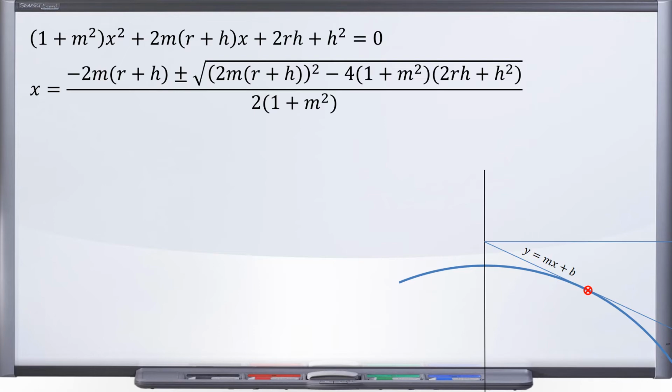What we have is the solution for the x where the line and the circle intersect. But because we have a plus minus, that means we actually have two solutions. Why? What? Wait, we're only supposed to have one. Two solutions because depending on what we choose for m, we're going to get different answers. We have m in here. m is going to affect the answers.